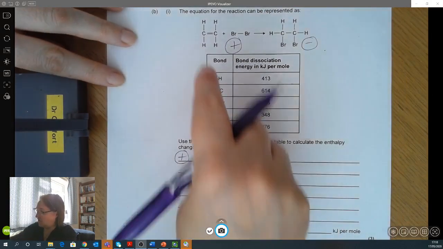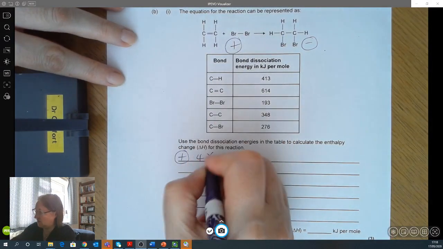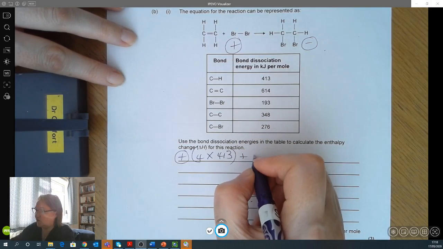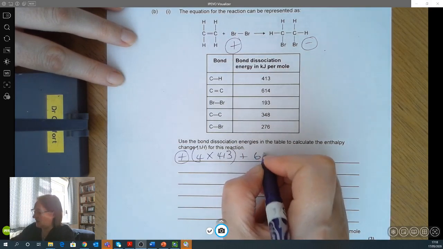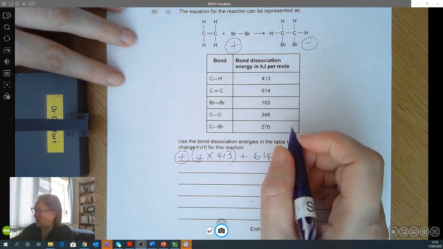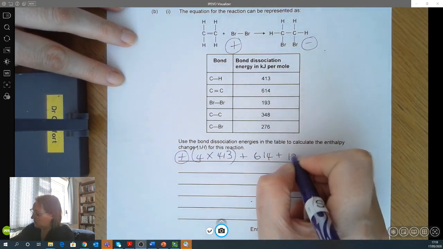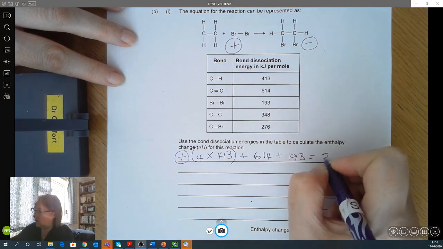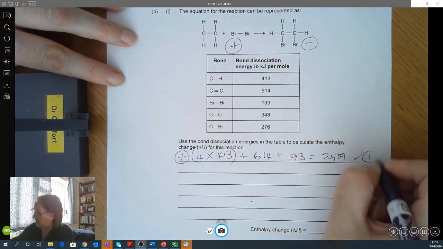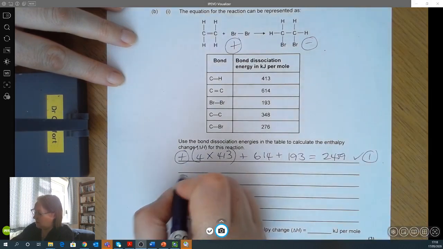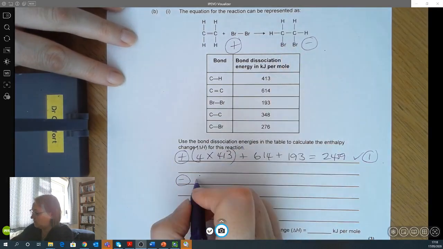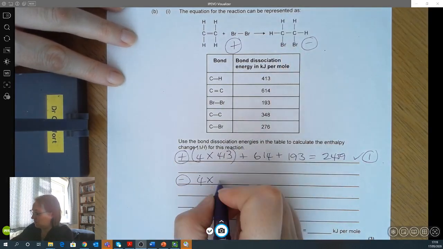So therefore I've got 4 C-H bonds, and I've got 1 C=C double bond, and I have 1 bromine bond, which overall is 2459. That's 1 mark.